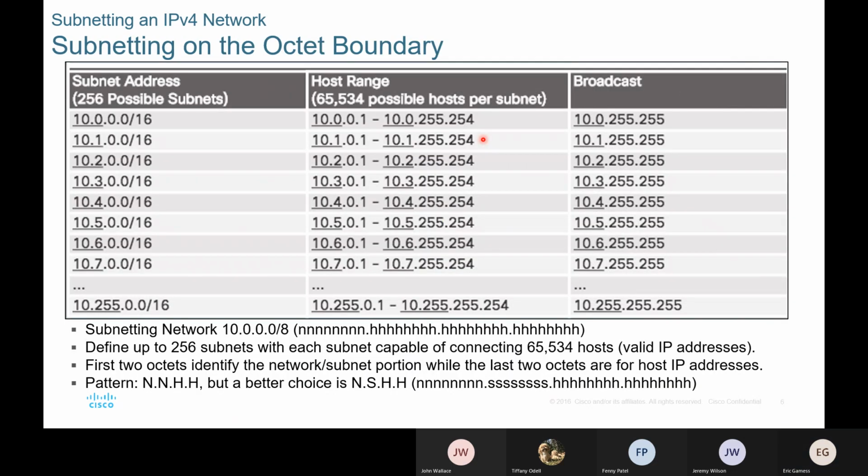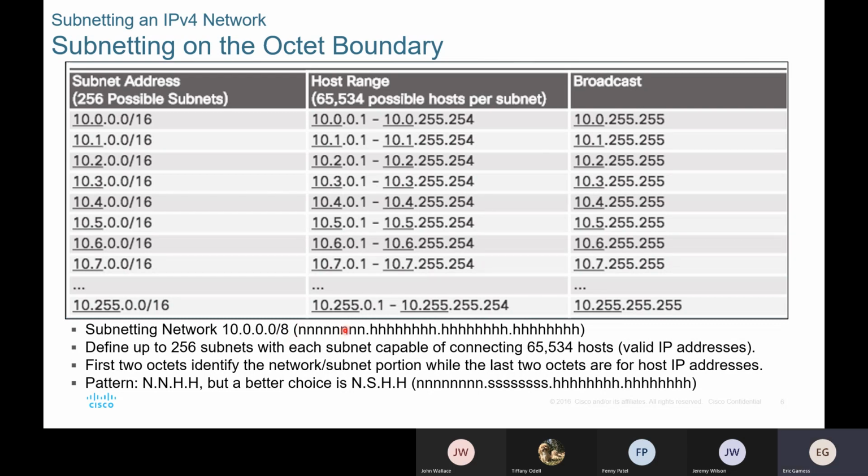When you create subnets, for most people it's much easier to understand if the boundary is between 2 bytes. If the boundary is within 1 byte, some people have problems understanding it. So I'm going to start by explaining when the boundary is between 2 bytes. Let's say your initial network is a class A network, 10.0.0.0/8. This /8 says that 8 bits are dedicated to the network portion.